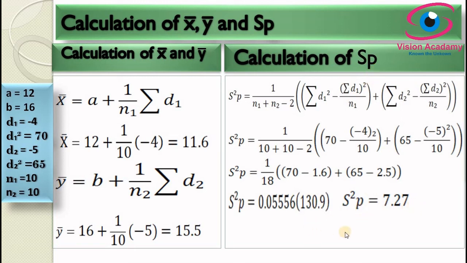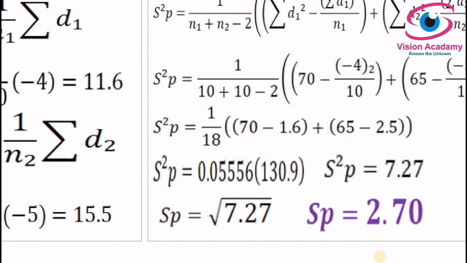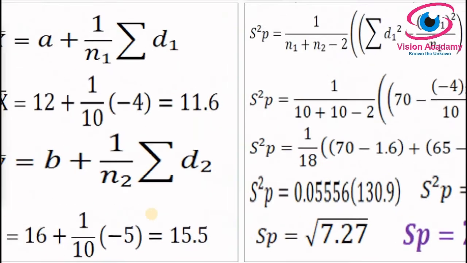So if you take the root of it, you will get SP also. So I have put this value 7.27 into the root. When I take the root of 7.27, I will get SP, the standard deviation of both populations, 2.70. So by calculating we obtained SP, the standard deviation of the sample.